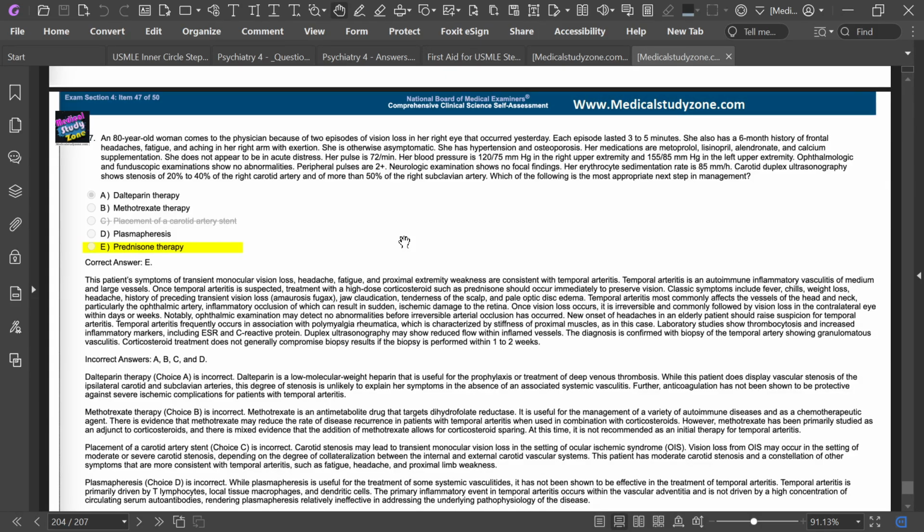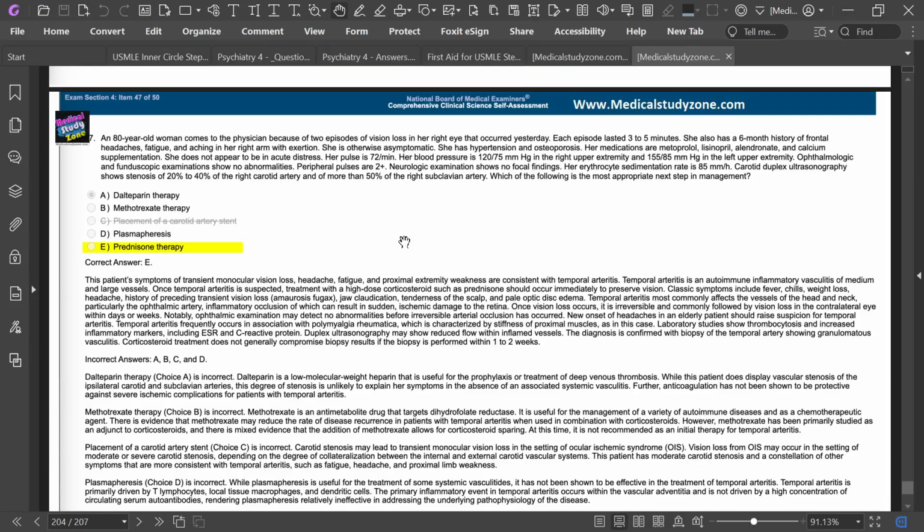Temporal arteritis is an autoimmune inflammatory vasculitis of medium and large vessels. Once temporal arteritis is suspected, treatment with high dose corticosteroid such as prednisolone should occur immediately to prevent vision loss.